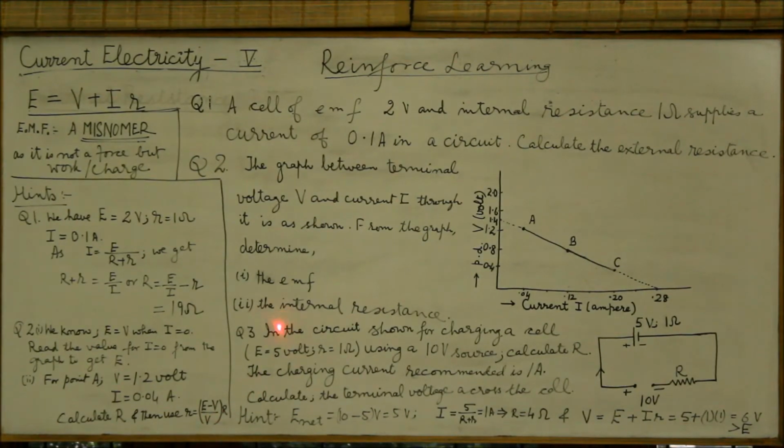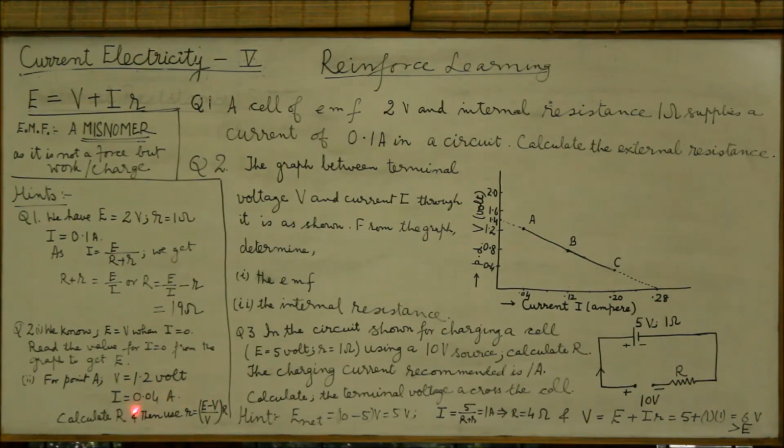In order to solve this second part, that is calculation of internal resistance, we will use any prominent point in the graph. You may use A or B or C. For example, if you use A, V is 1.2 volts and the corresponding current is 0.04 ampere, which we have recorded here.